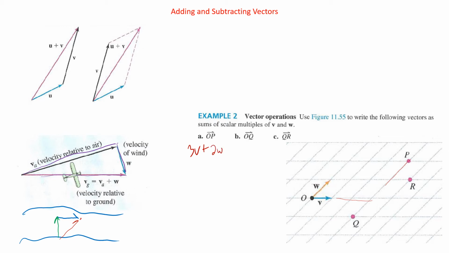O to Q, that would be this distance. We'd again have the 3v and then a negative w. So we'd have 3v minus w. And then QR, so starting at Q, going to R, we'll have 1v and 2w.